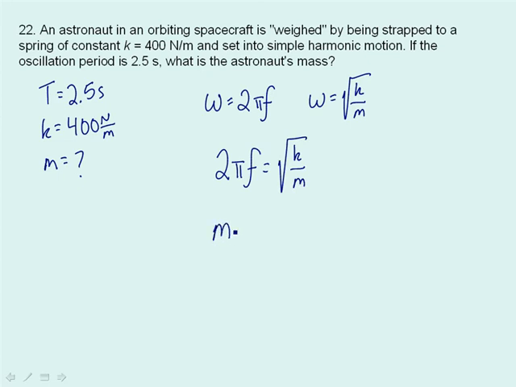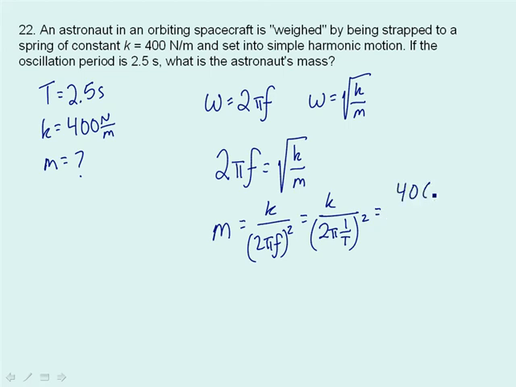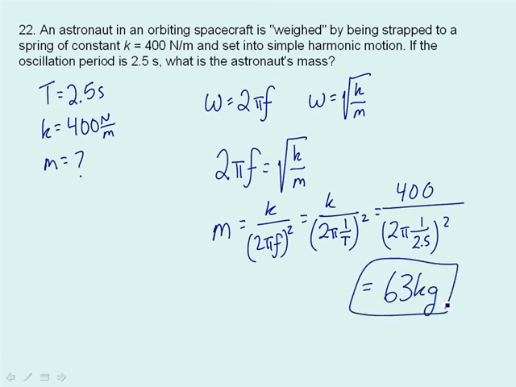And then I solve for m, which is k over (2 pi f) squared, which is k over 2 pi times 1 over the period, squared. And I put in these numbers. K was 400 divided by (2 pi times 1 over the period, which is 2.5) squared, and that gives us a value of 63 kilograms. So the astronaut's mass is 63 kilograms.